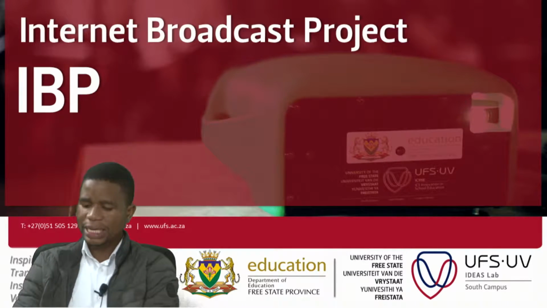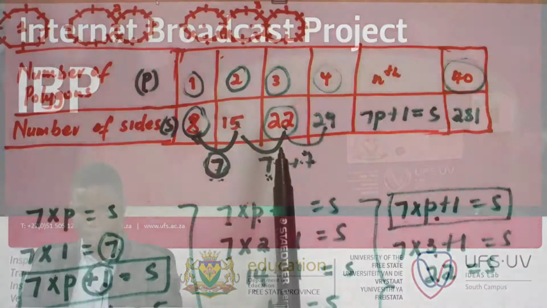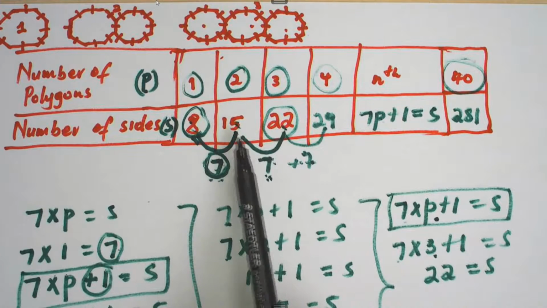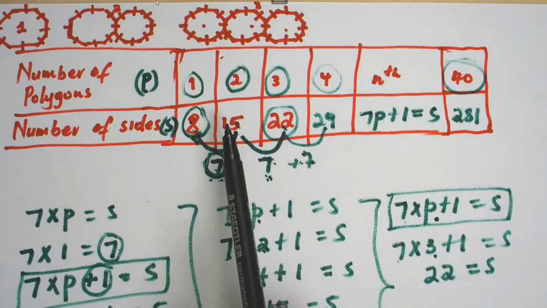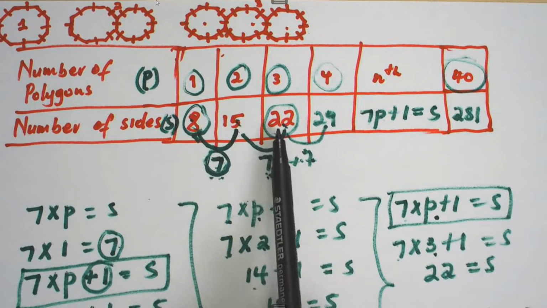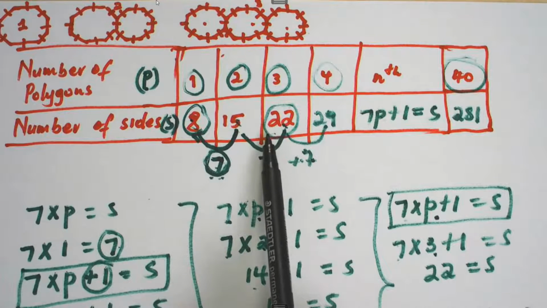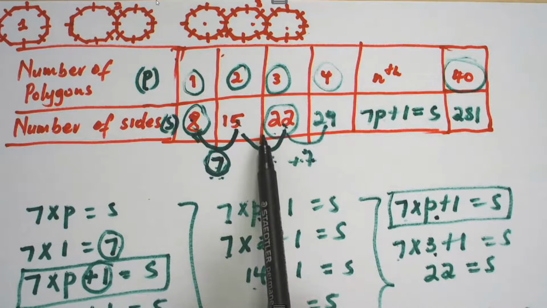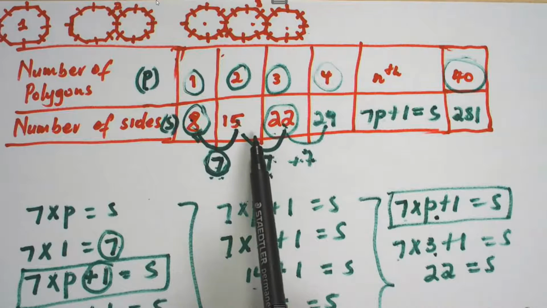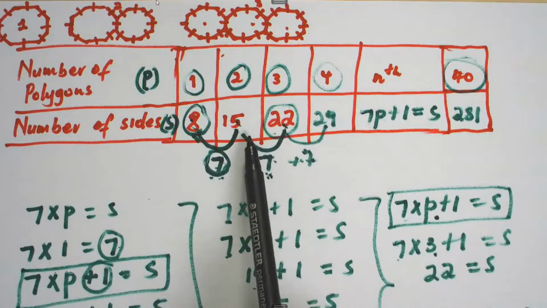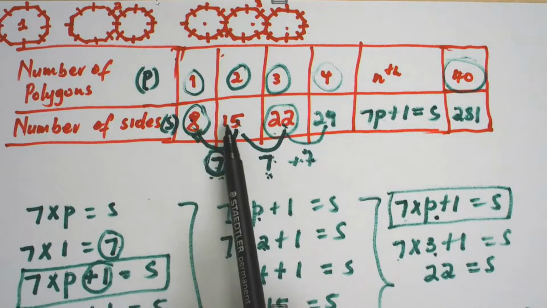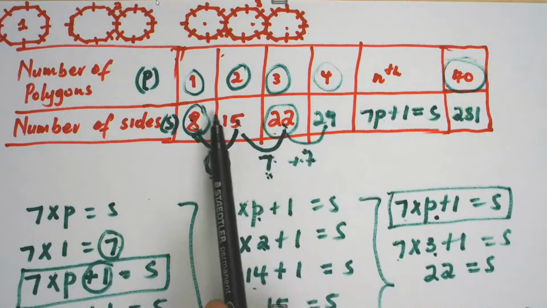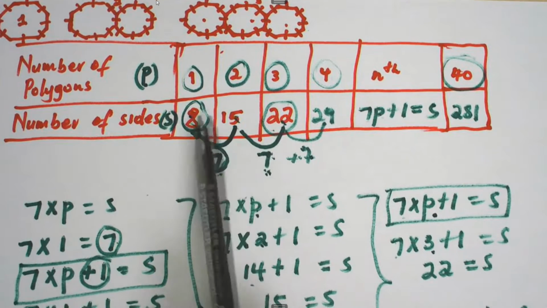In most cases, I'll go back there to start recapping. Remember, we said that the first three in most cases may be provided to you. What do you need to do? You need to use them to create or develop your own equation. How do you do that? You just take the second one and minus the first one. 15 minus 8 is 7.